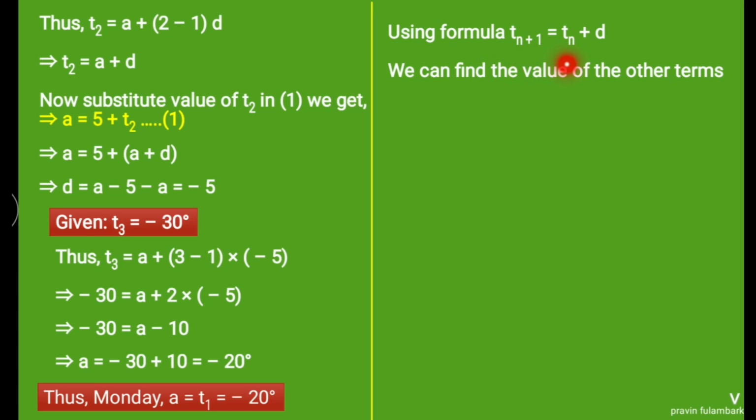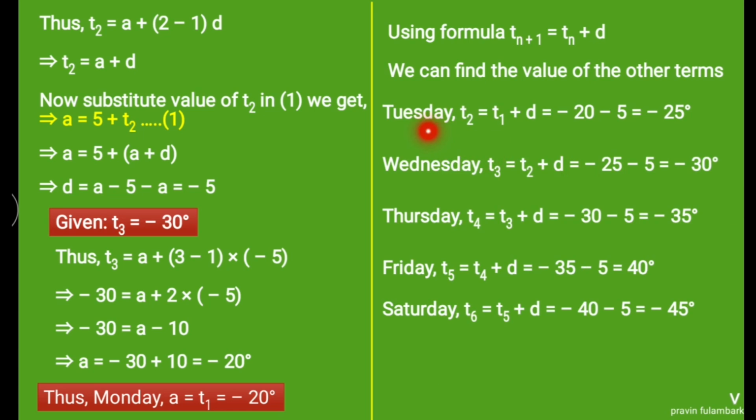Using the formula Tn plus 1 equals Tn plus d, we can find the other terms. Tuesday, T2 equals T1 plus d, which is minus 20 minus 5, so minus 25 degrees Celsius.